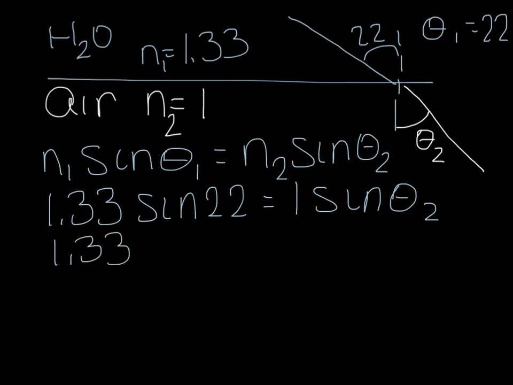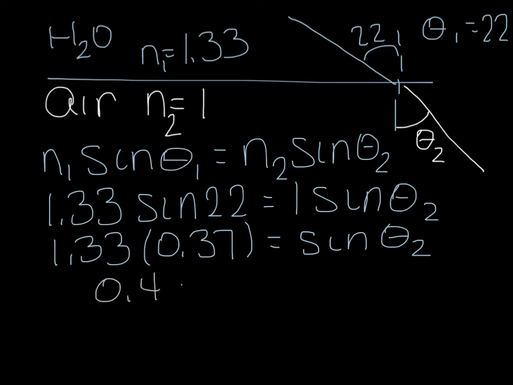The sine of 22 is 0.37, and 1 times the sine of theta 2 is just sine of theta 2. So 1.33 times 0.37 is 0.498, which is equal to the sine of theta 2.